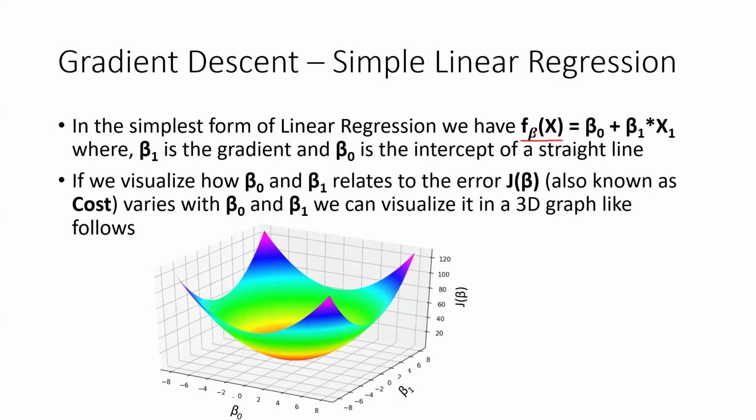Beta says that this function f x has parameters represented by beta, right? In simple linear regression, these may be beta 0, which is the intercept, and beta 1, which is the gradient of the line, right?